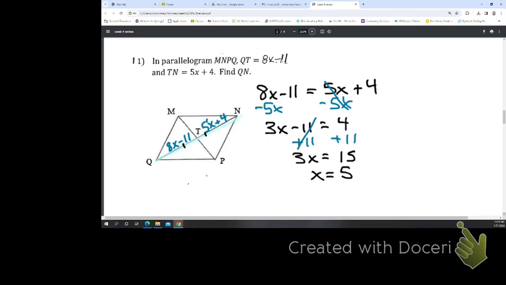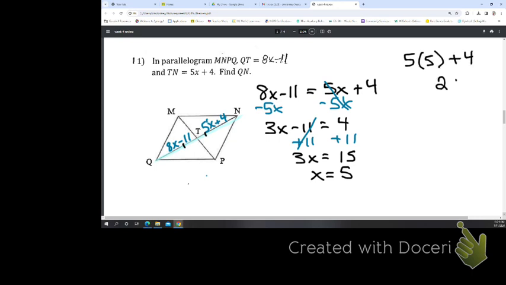Okay, so I'm going to find QN. Well, but nothing tells me what QN equals. So I can put the x in. Which one should I put it in? Whichever one you want, right? Because they're equal. I heard someone say 5x plus 4. That just seemed easier, right? So I'm going to do the 5x plus 4. So I'm doing 5 times 5 plus 4.